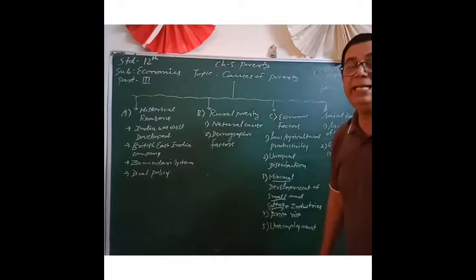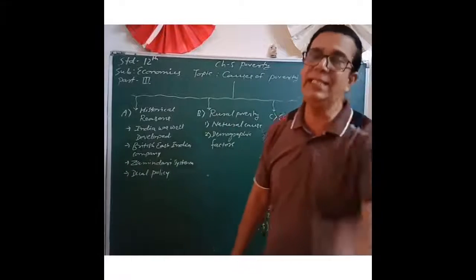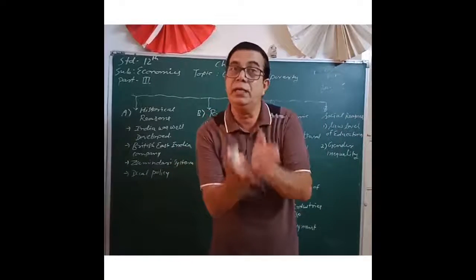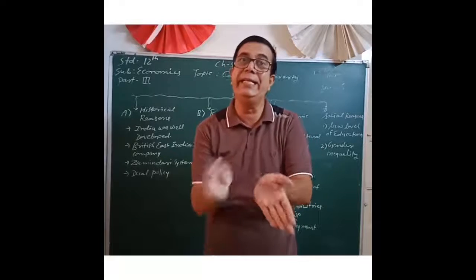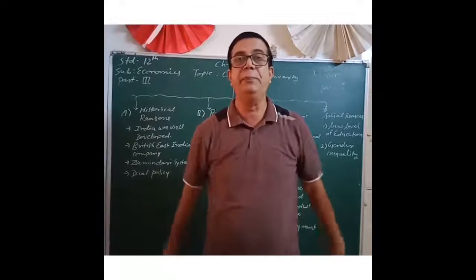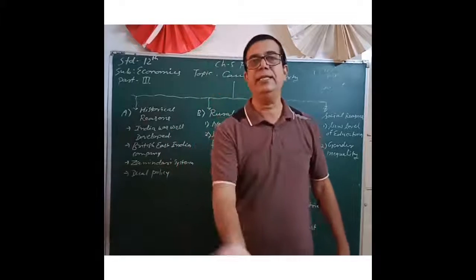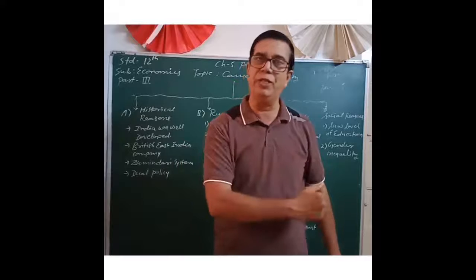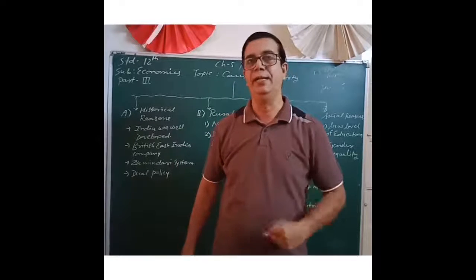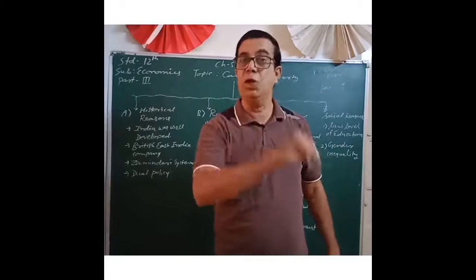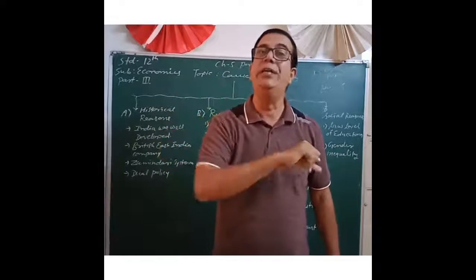So indirectly their income decreases. Because of price rise, the purchasing power of poor people decreases, and they can't satisfy their primary requirements, and that's why they are living below the poverty line. So price rise is one of the causes of poverty.